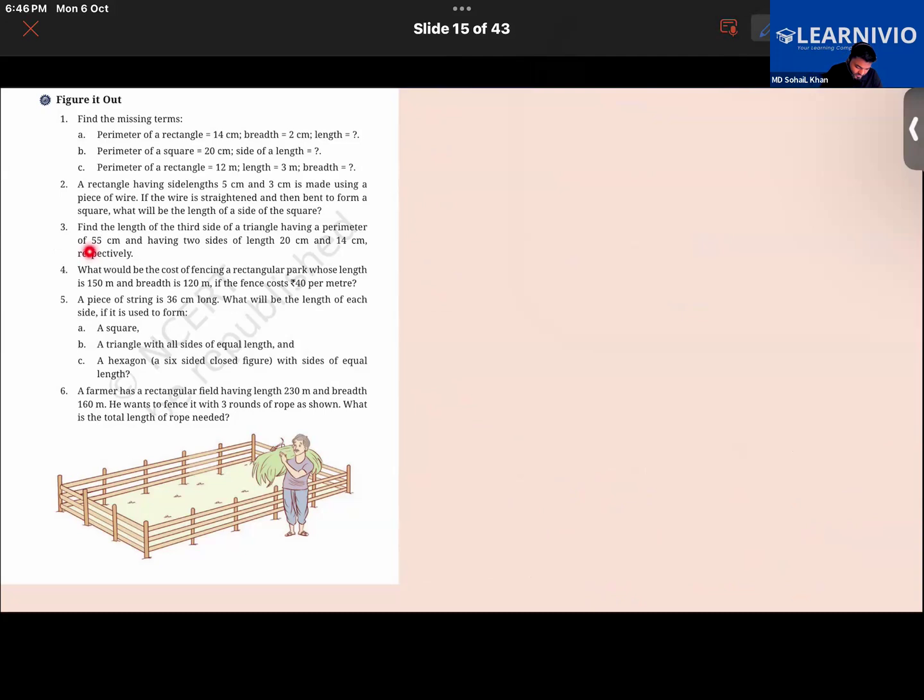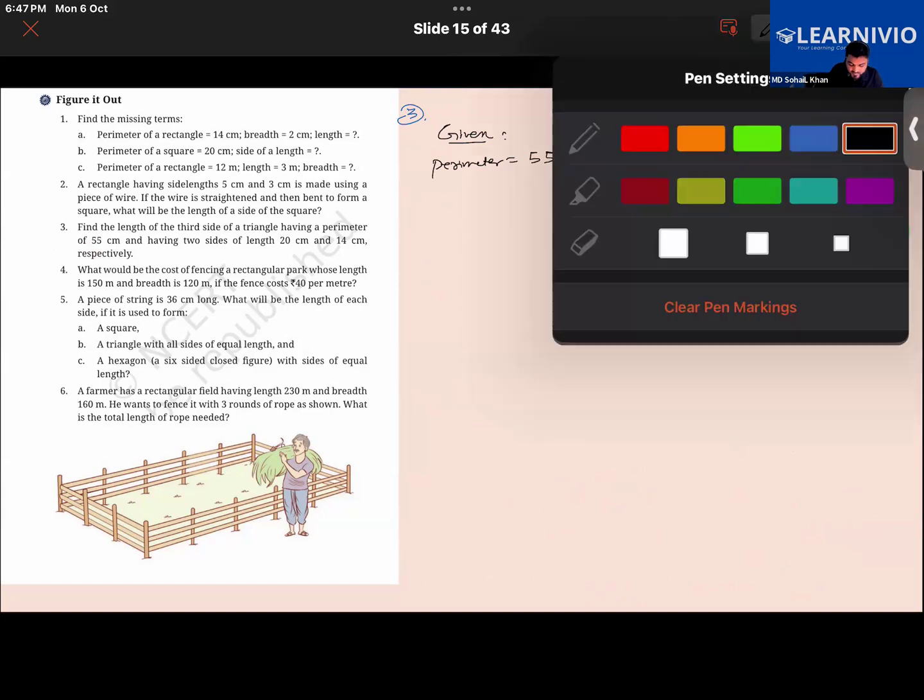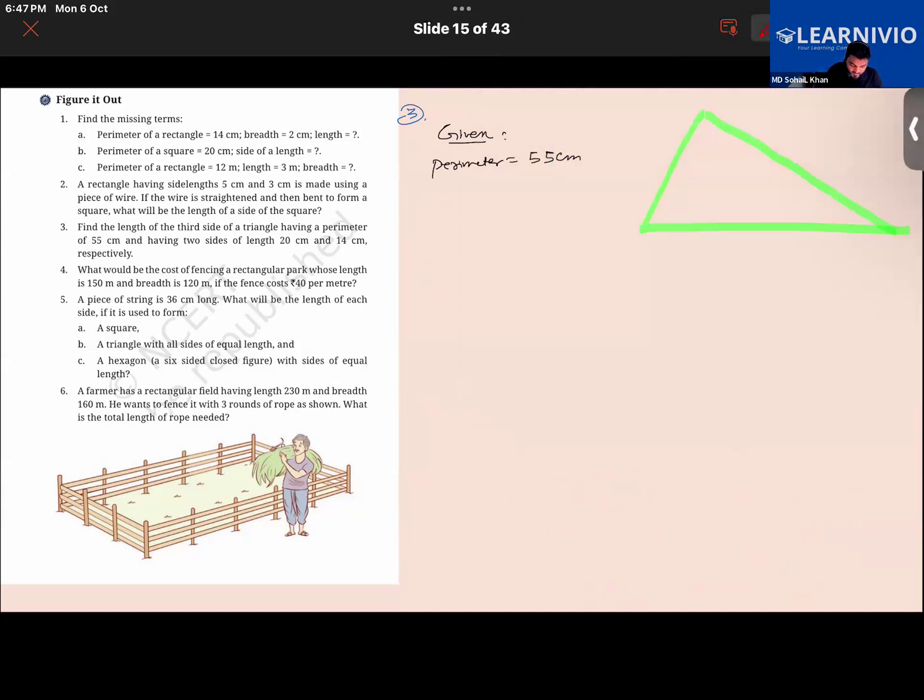See, in the third question, it says there's a triangle whose perimeter is given. The perimeter is 55 centimeter, and the lengths are 20 centimeter and 14 centimeter.